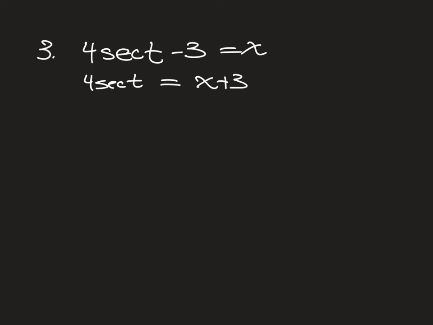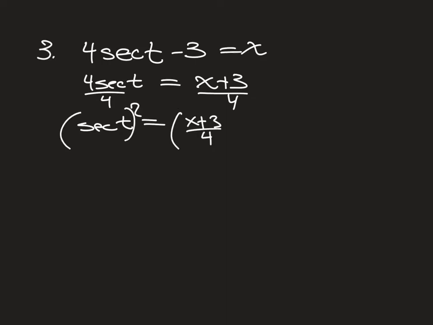Then we're going to divide by the 4. Secant t equals x plus 3 over 4, and then we have to square both sides because we need to say secant squared. So secant squared t equals x plus 3 squared over 16.